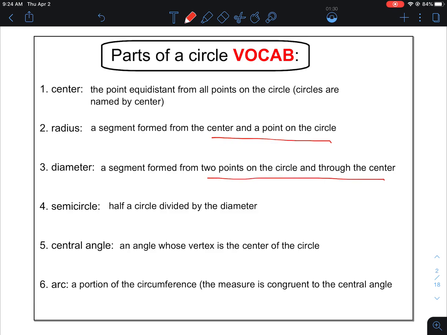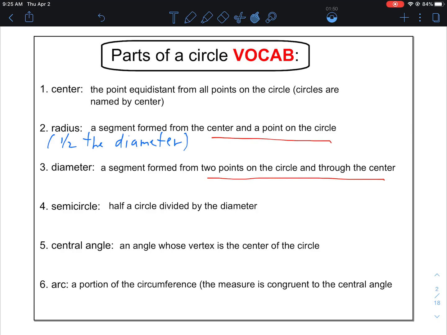And something important to know about those two is that a radius is half the diameter. So if you were to add a radius plus a radius, you would get a diameter.